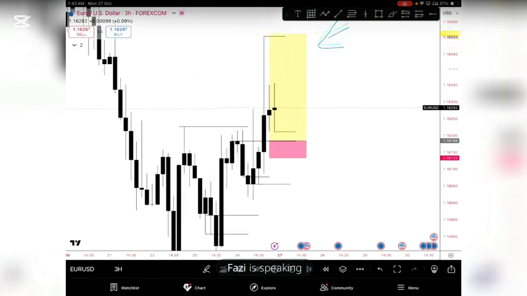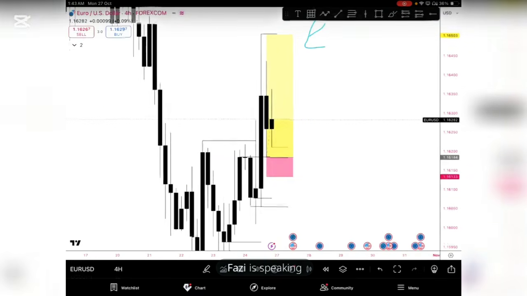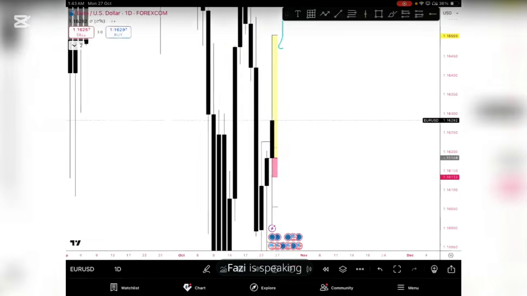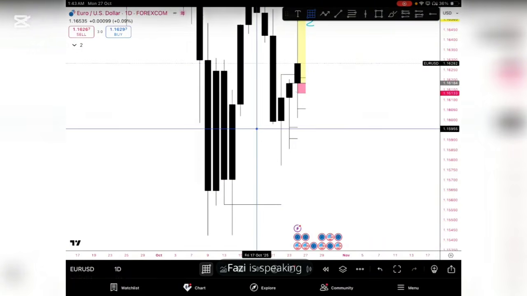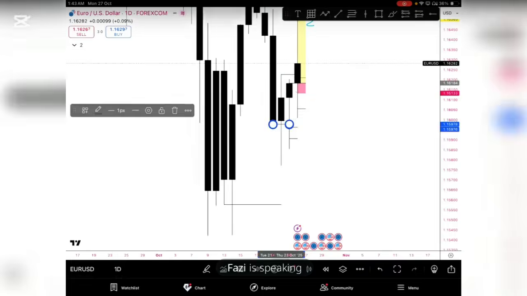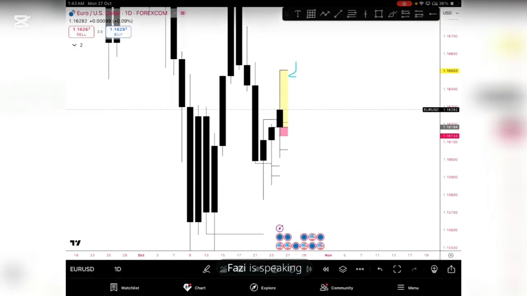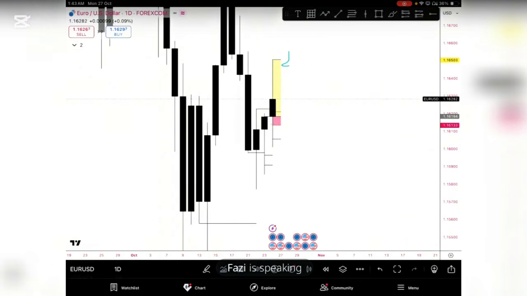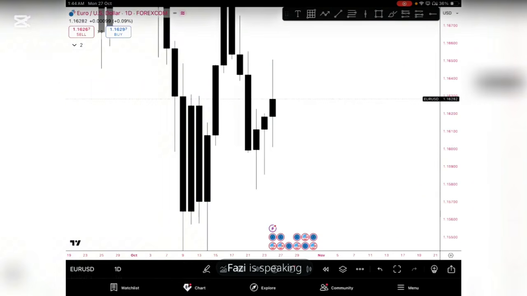Why am I choosing the buys? Let's get into the daily, because daily gives you some sweep on this area, like some sweep on buys on the daily. On daily we don't have any sweeps. I always tell you that when you build a storyline, you need to look at the higher time frame.